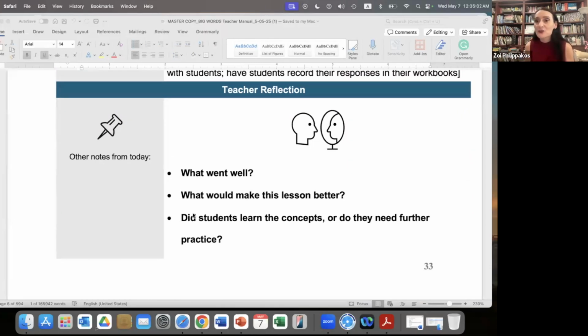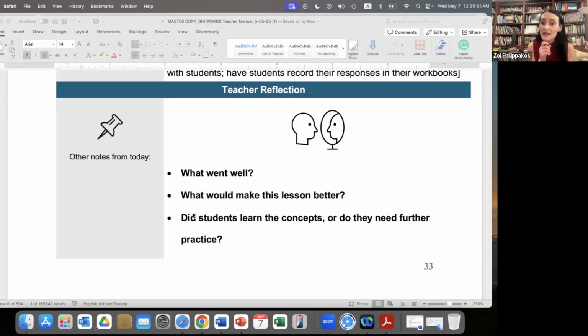Maybe I didn't finish on time. Why? Perhaps I was giving additional explanations, or I started having side talk on topics that were interesting to the students, but they were not relevant to the task. So what would make this lesson better, more focused, in order for me to complete the instruction within the instructional period I have devoted for this lesson, this type of work, this intervention, or this type of morphology lessons?